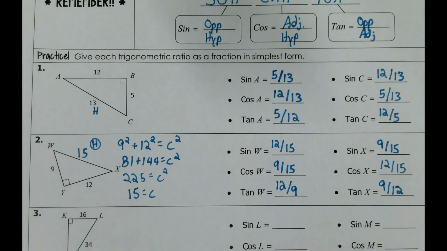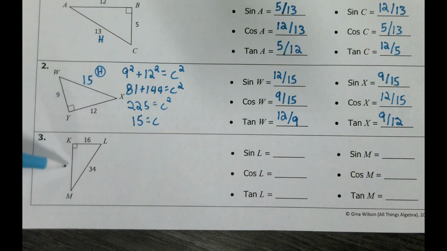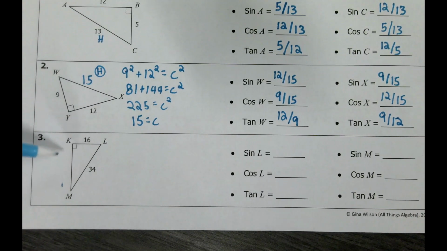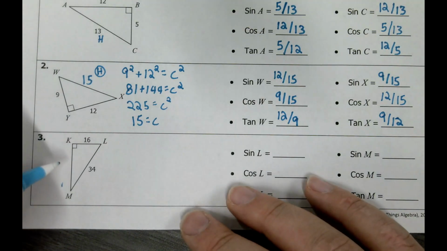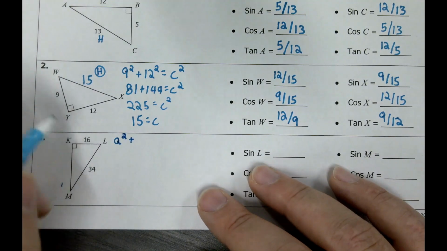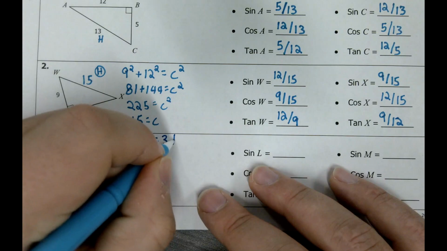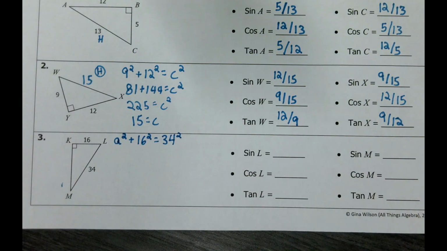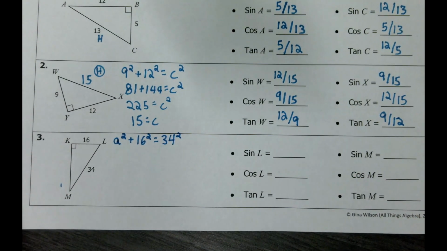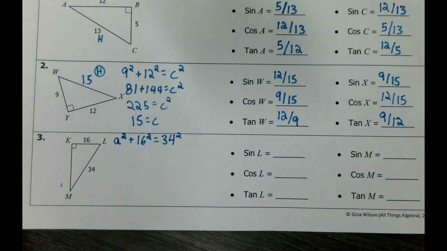So let's take a look at 3. Okay, so for 3, we have this missing side here, which would be a leg. So I have to do the Pythagorean theorem, except now I'm trying to find a missing leg. So I'm going to call that A. Well, I don't know what A is, so A squared plus my other leg, which is 16 squared, should equal 34 squared. We'll do a little math here. 16 squared is going to be 256, I'm pretty sure.